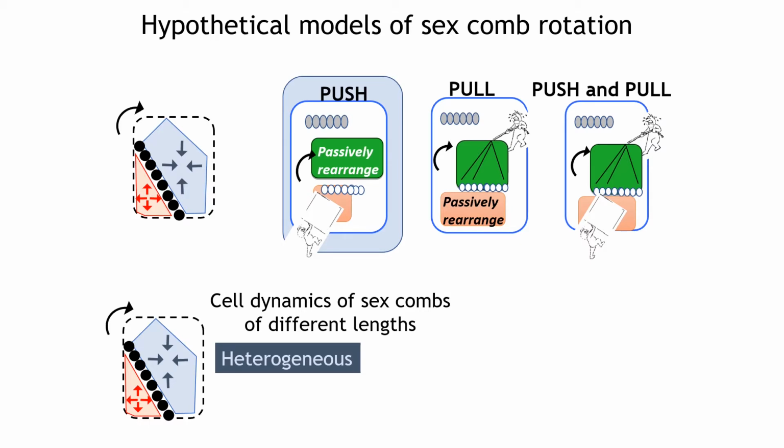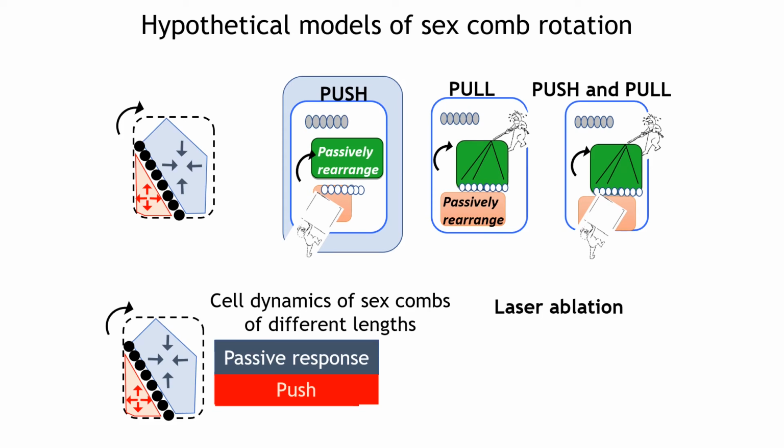There is a lot of variation, while the changes in apical cell area seem to be very homogeneous. This seems to be consistent with the push model, that the changes in apical cell area are producing a push, while what is happening above the comb is just a passive response of the rotation.